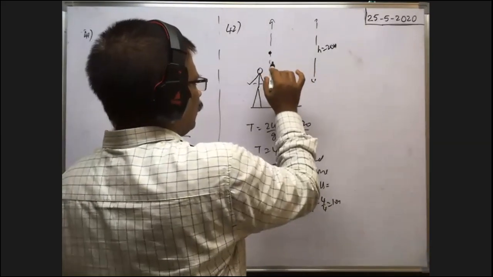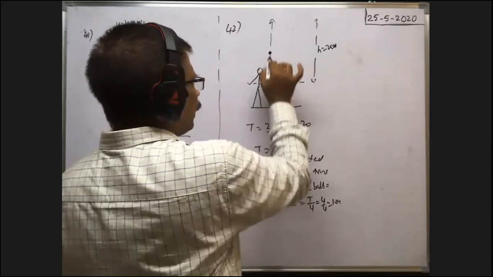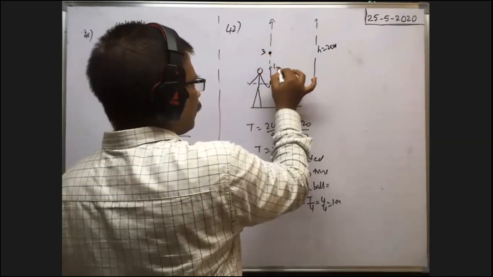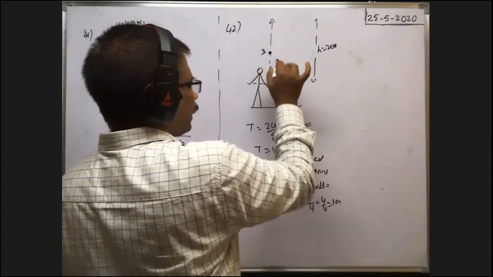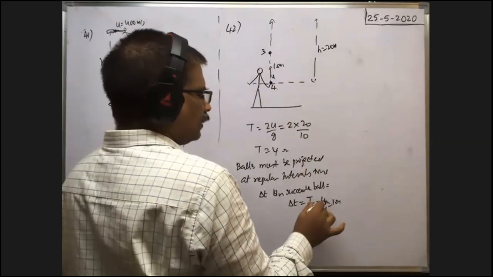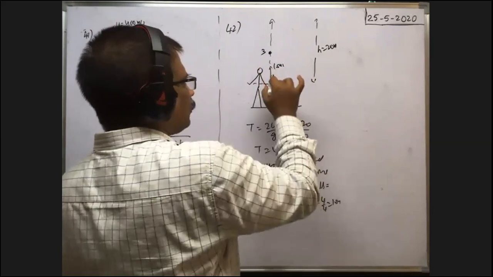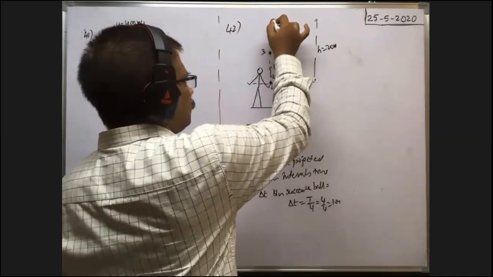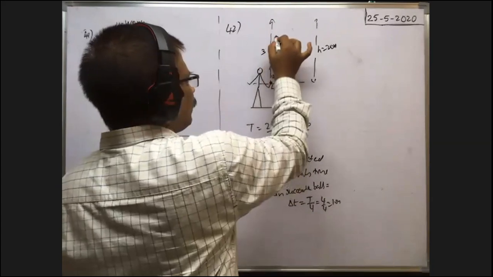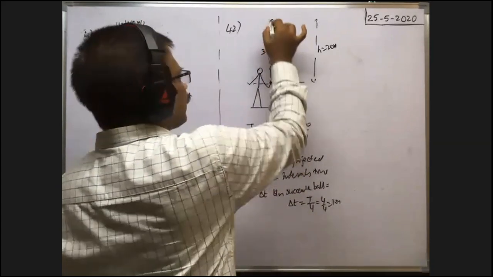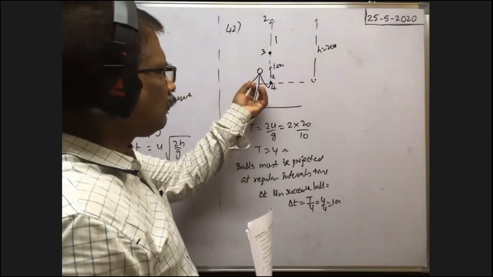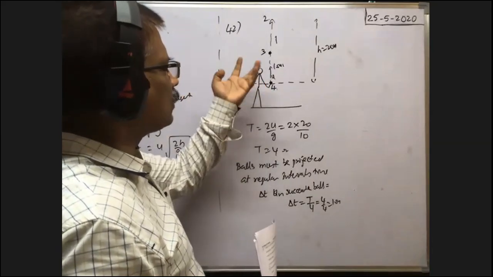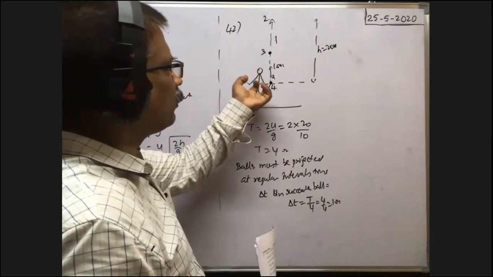Now see, between the fourth ball and third ball there must be a 1 second time interval. Between the third ball and second ball there must be 1 second. As the time of flight is 4 seconds, the time taken to rise to the maximum height is 2 seconds. That's why if it is 1 second, it is under the second. After one more second, the second ball is here. That means the first ball is thrown, second ball is thrown, third ball is thrown, and the fourth ball is in his hand.